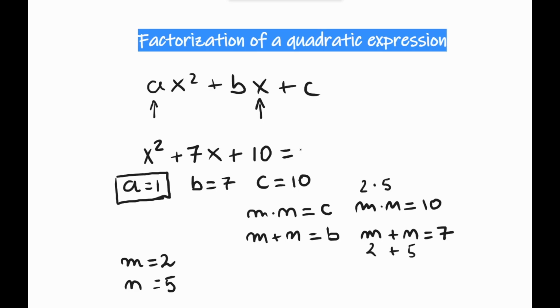We can write the quadratic expression in the following form. We will split the term containing x into a sum of 2x plus 5x, where the coefficients 2 and 5 are m and n, calculated before, plus 10.